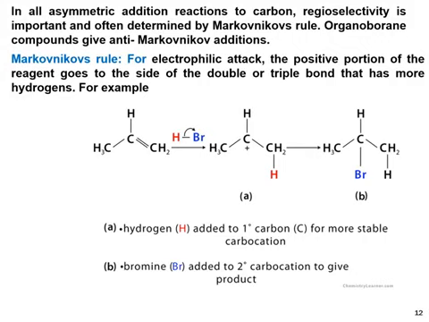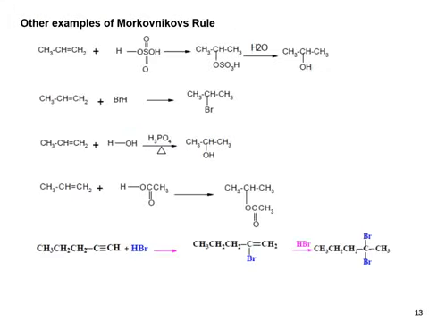So when hydrogen attaches to the carbon that has the greater number of hydrogens, it gives the stable carbocation. Then in the next step, the stable carbocation reacts with the electron-rich species, and gives the final product. These are a few examples of the Markovnikov rule.